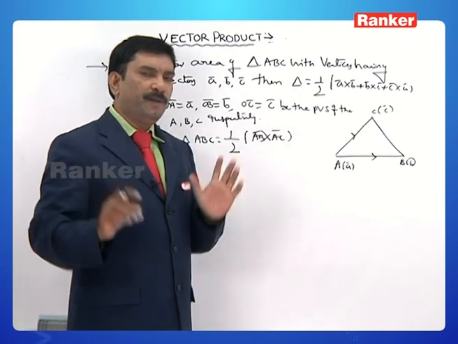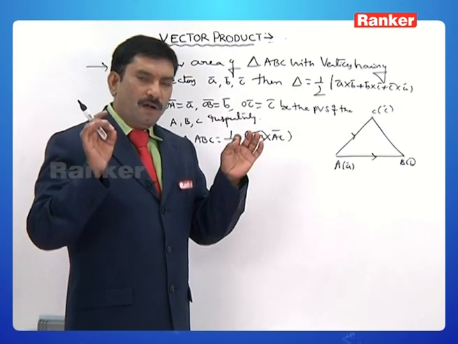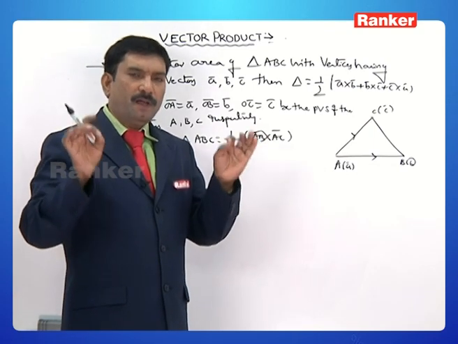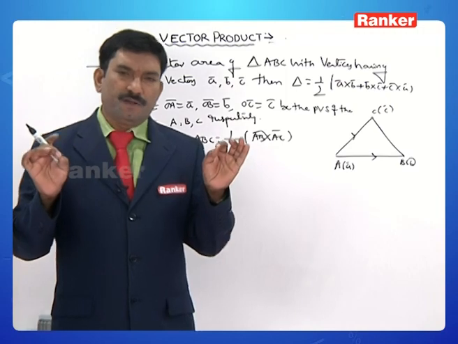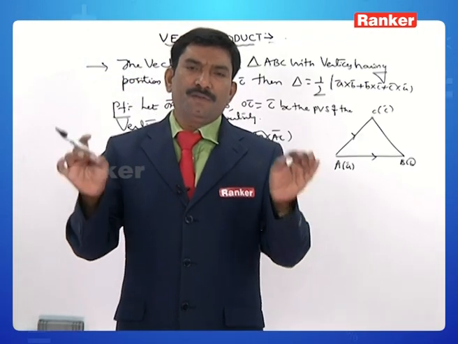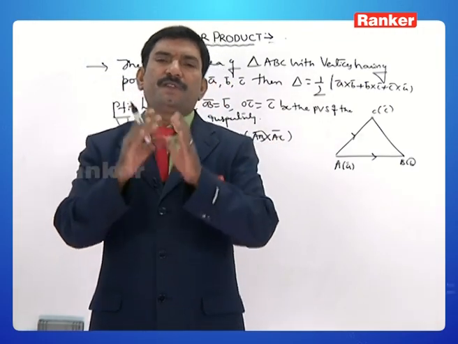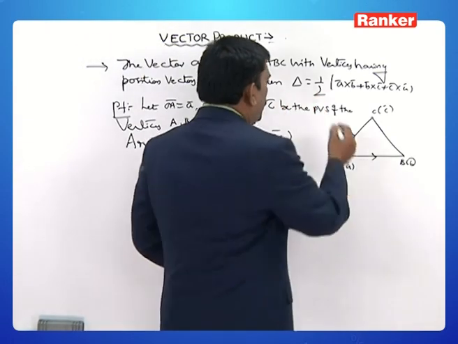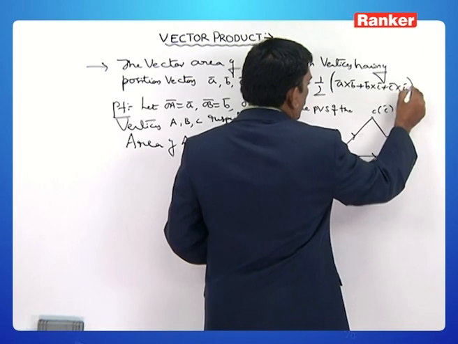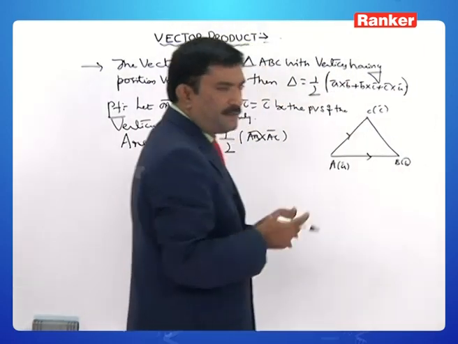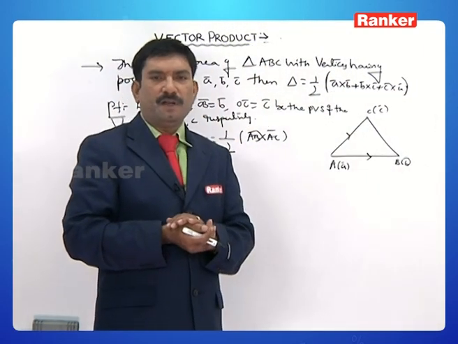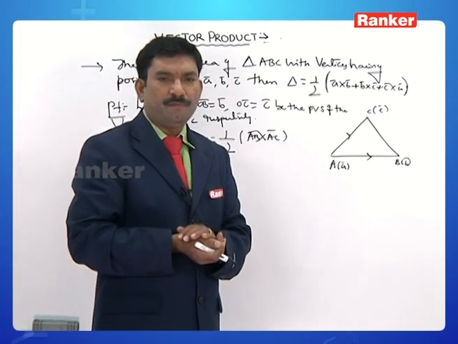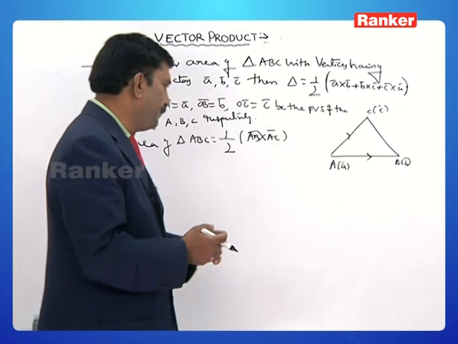All will be the same: half into AB bar cross AC bar, half into BA bar cross BC bar, half into CA bar cross CB bar. After simplification, they lead to half into A bar cross B bar plus B bar cross C bar plus C bar cross A bar. Let us see how it is.